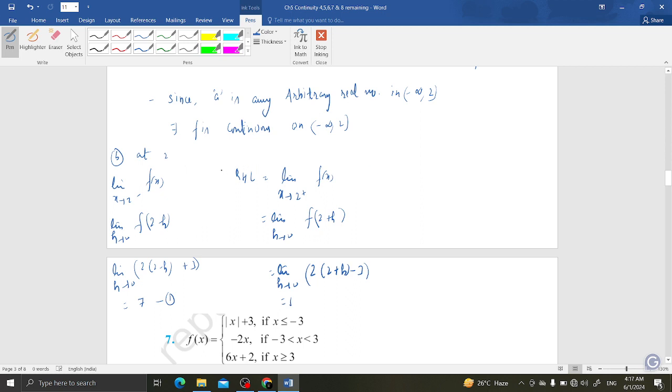Okay, so simply, what we can say, this is your second equation, this is your first equation. From the first and second equation, LHL not equal to RHL at 2.